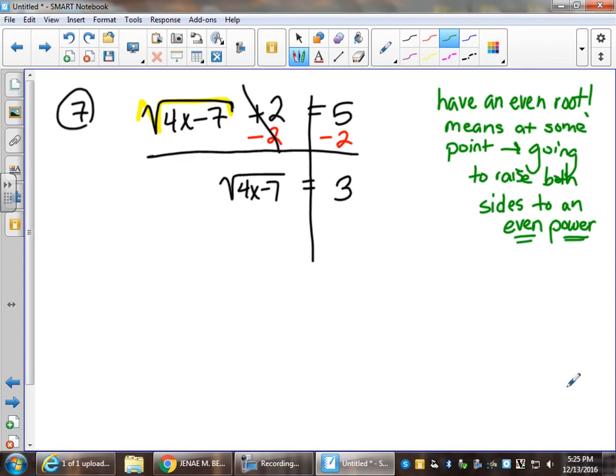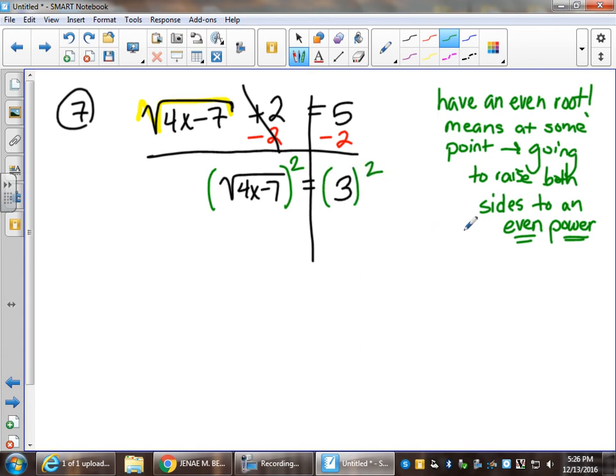You have an even root here, which means at some point you're going to raise both sides to an even power. And right here is the moment it's going to happen. To undo a square root, the inverse of a square root is to take the square of both sides.